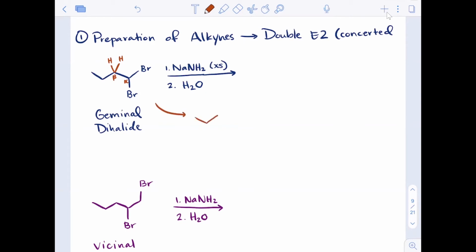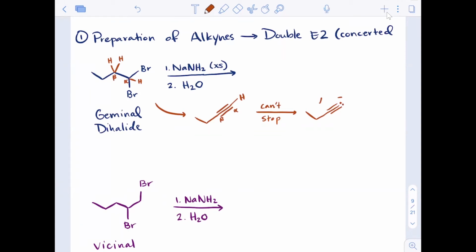Now, what this looks like is a triple bond forms in between alpha and beta. Notice there's another hydrogen on alpha. That's why we see a terminal alkyne forming. After step number 1, though, we actually can't stop. When a terminal alkyne is forming and you're using that strong reactive base to do an elimination, you also will do a proton transfer.